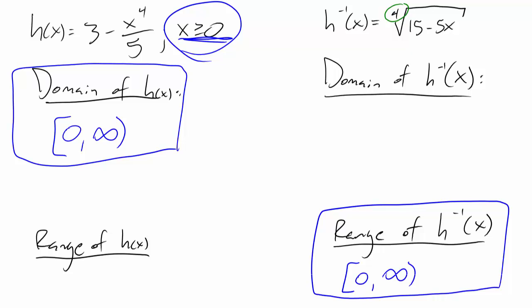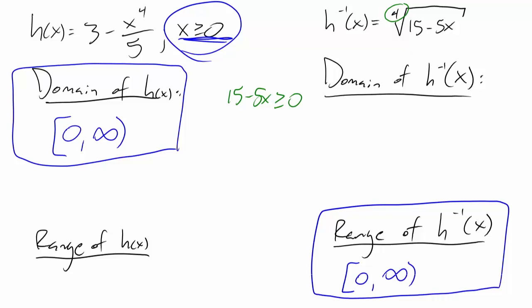Any even index means that the restriction of what's inside of it has to be non-negative. So we need values of x that will make this 15 minus 5x to be greater than or equal to 0.